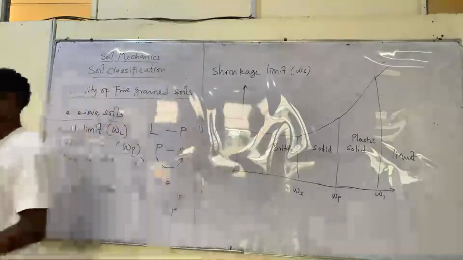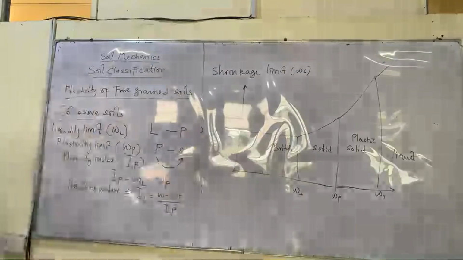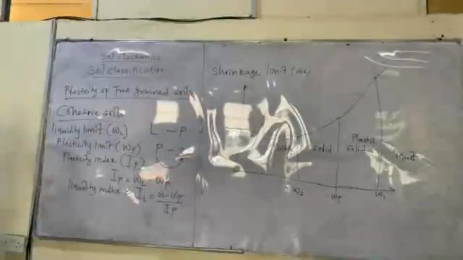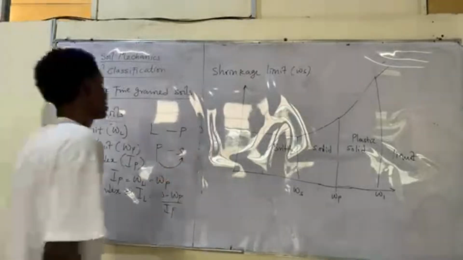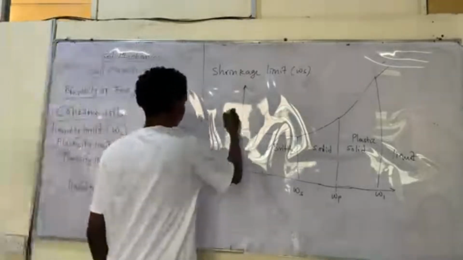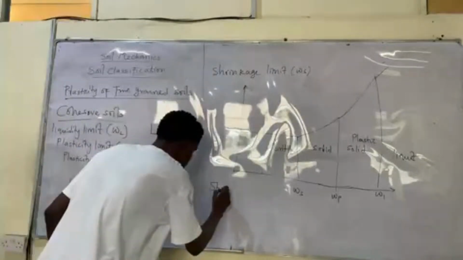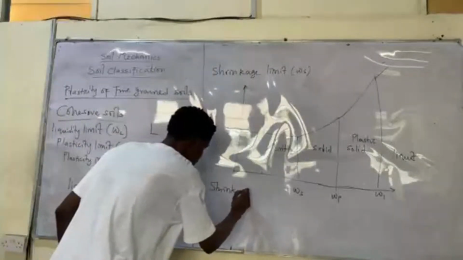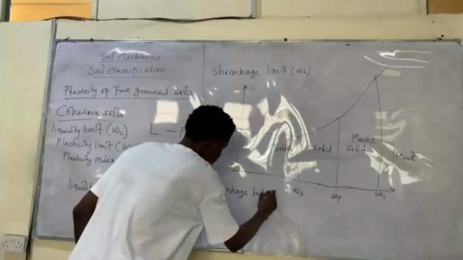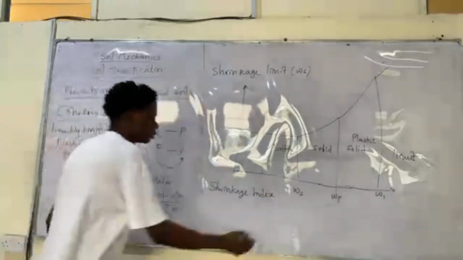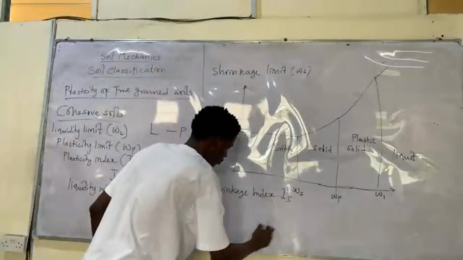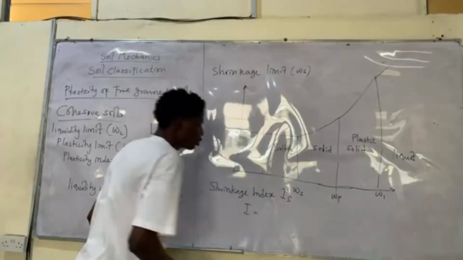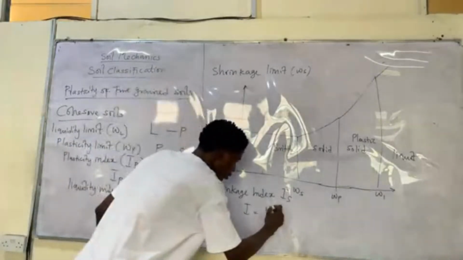Now, we have the shrinkage index. The shrinkage index is WS minus WP.